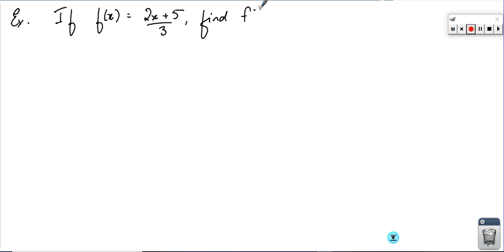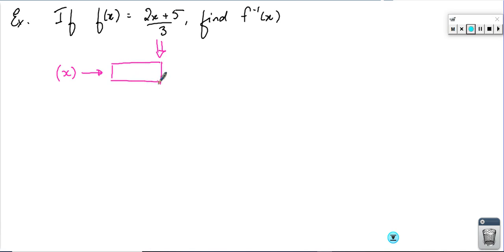For example, if f(x) is (2x plus 5) over 3, find the inverse function. First of all, we need to describe this. We have our input x. What are we doing to x?